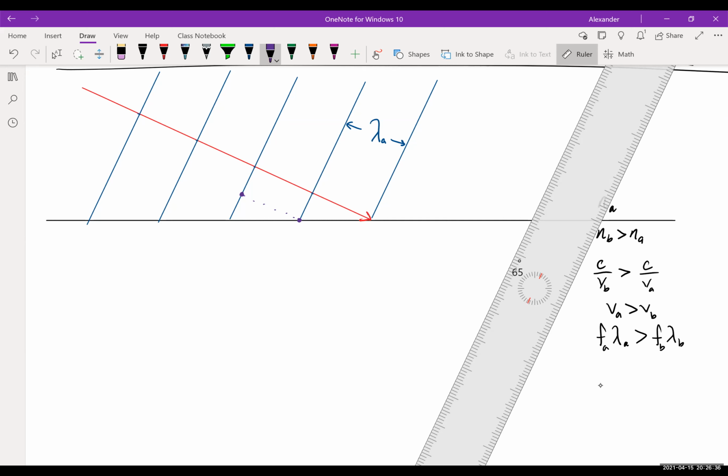But this point at the boundary is also in medium B, and it would be really difficult to imagine the electric field, which really ought to be single valued since it's a function. We took a derivative of it. In order for it to have a different rate at which it oscillates at this point at the medium boundary.